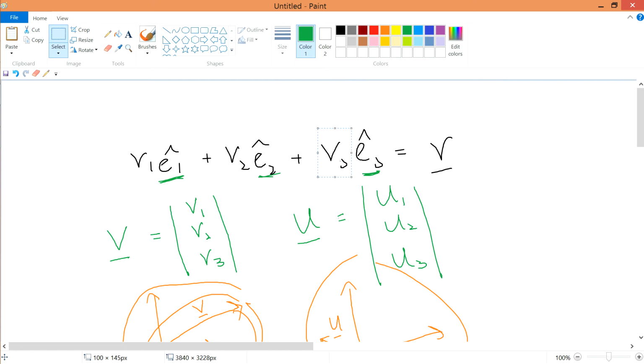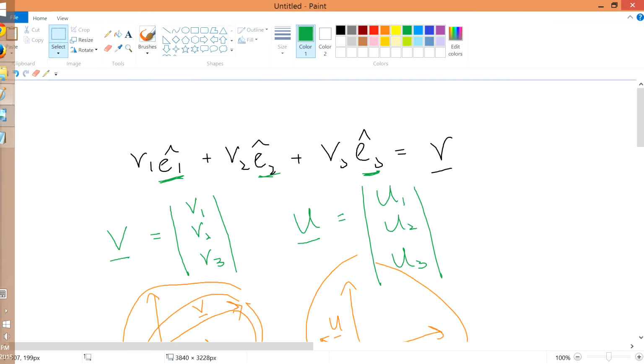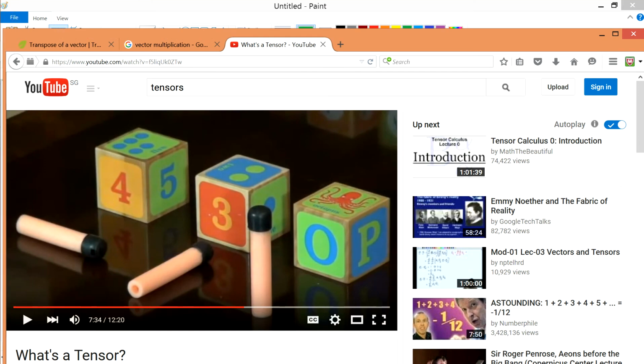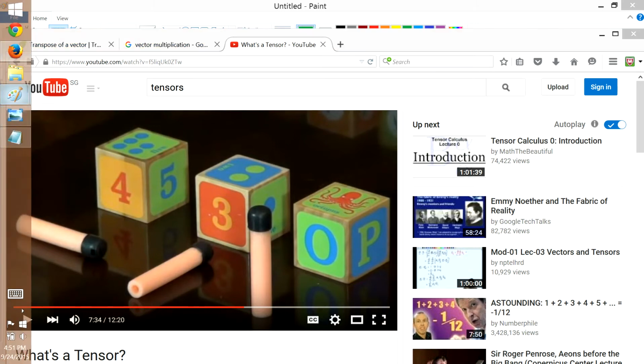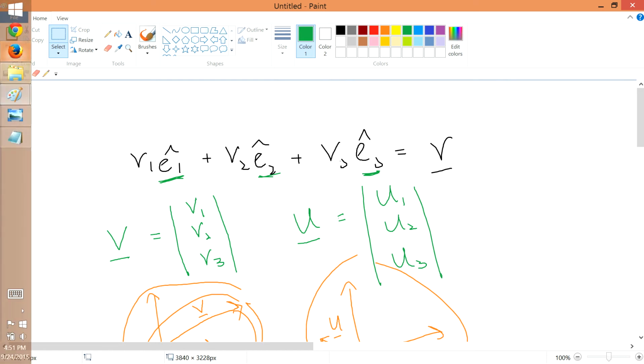But in terms of components, that's what we call them. I want to make it clear that these are the components V1, V2, and V3, and that these little things are the unit vectors. These sticks are all basis vectors, which are E1, E2, and E3.